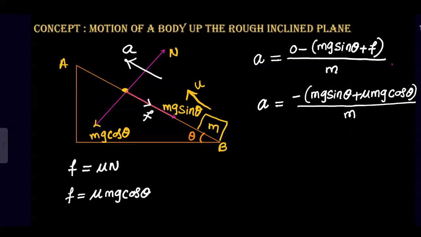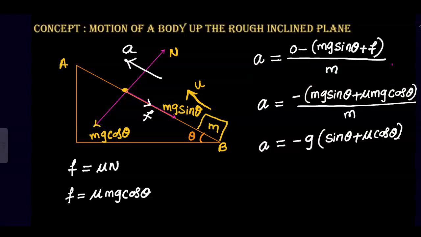So what will be the acceleration of the body? Here m cancels, take mg common. So that is g into sin theta plus mu cos theta. This is the acceleration of the body. If the body is moving up the plane, the minus sign indicates the opposite direction.